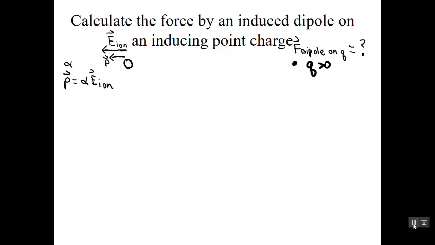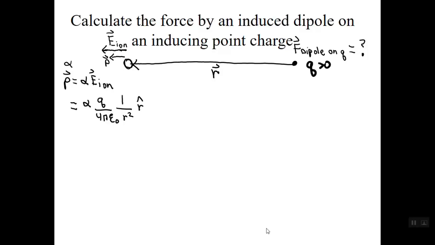We'll treat the ion as a point charge with charge plus Q located a distance r from the neutral molecule. We can now use the point charge formula for an electric field to write down an expression for the vector dipole moment of the neutral molecule.